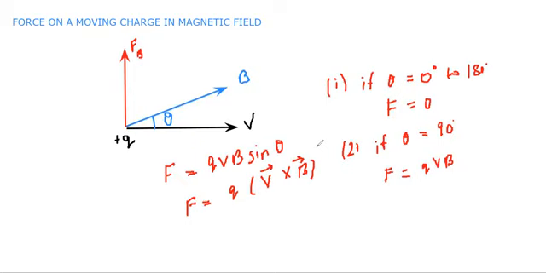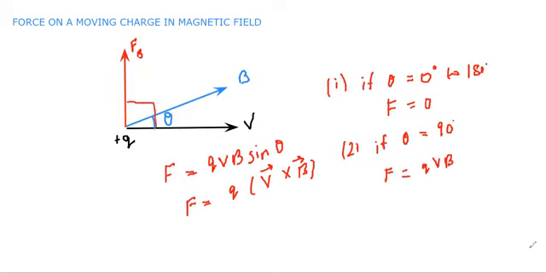Now, what happens when a charged particle enters with angle theta equal to 90 degrees? It experiences a maximum force. Now, if theta becomes 90 degrees, what would be the angle between force and velocity? It is already 90 degrees, right?